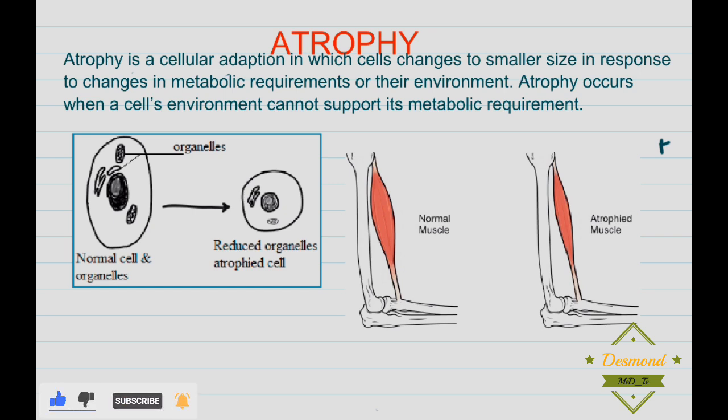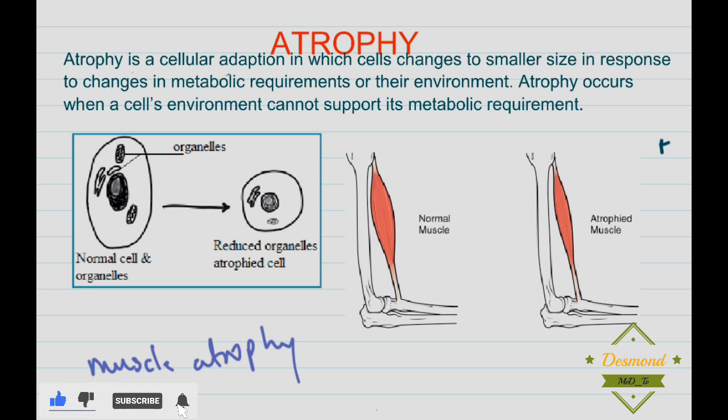Think of a person who has had a cast on their leg for several weeks. When the cast comes off, the leg's muscle is seen smaller and weaker due to not being used. This condition is what we call muscle atrophy, and this is an example of atrophy.